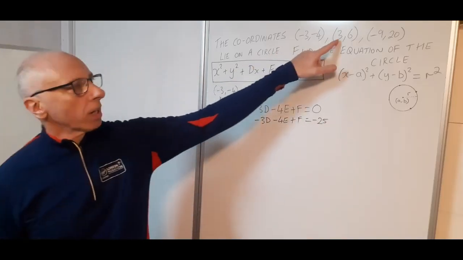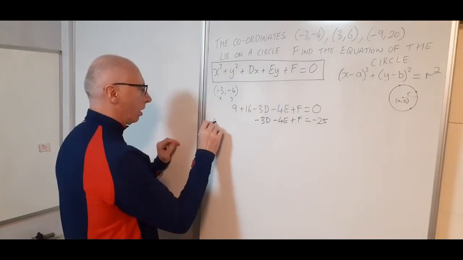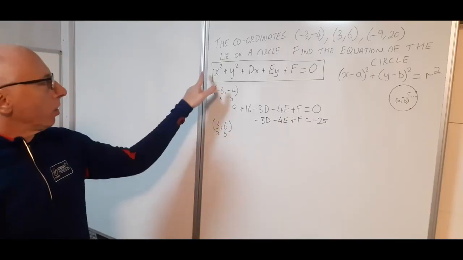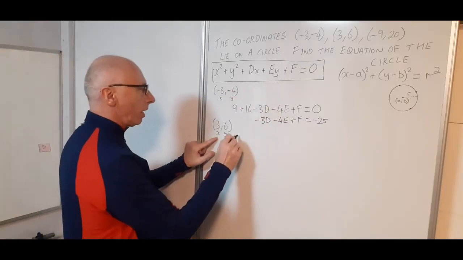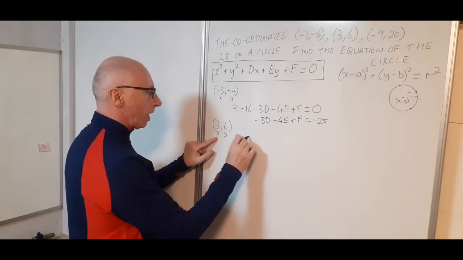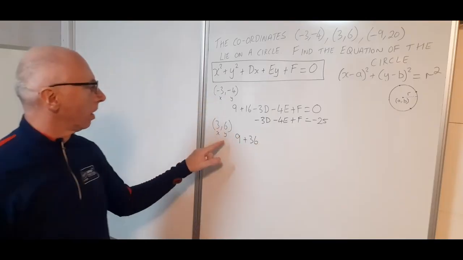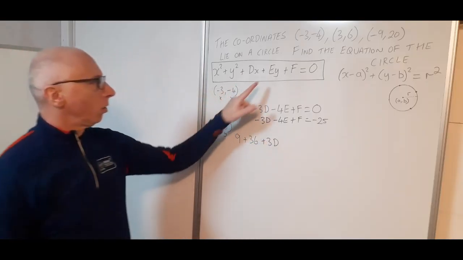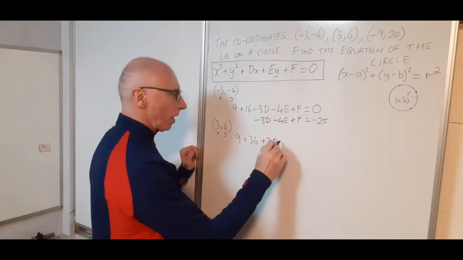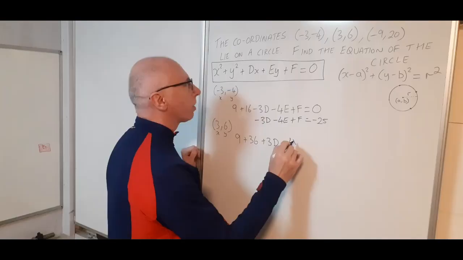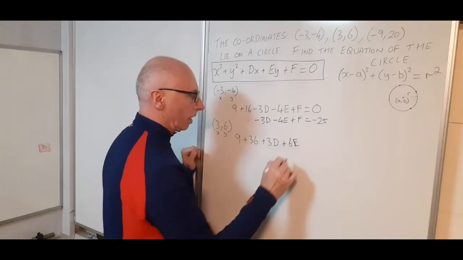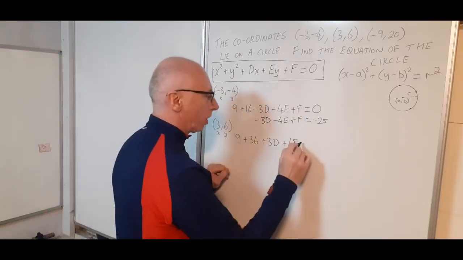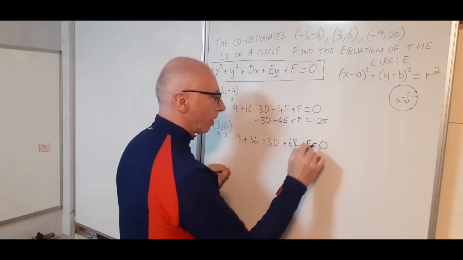Let's do the same with the second one, (3, 6). So that's my x and my y. Using this, I'll have 3², which is 9. 6² is 36. x is 3, so I'll have 3d. y is 6, so plus 6e. Sorry, I keep saying y, it should be e. 6e, and then my f as before, so plus f equals 0.